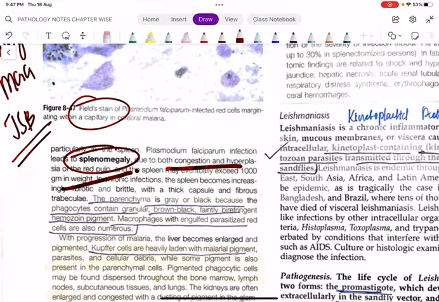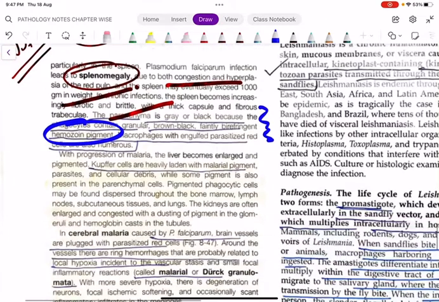Fine. Spleen becomes increasingly fibrotic. And the parenchyma will be grey or black. Why? Because of hemozoin pigmentation. Then the liver becomes enlarged. Kupffer cells will be laden, filled with the malarial pigment.